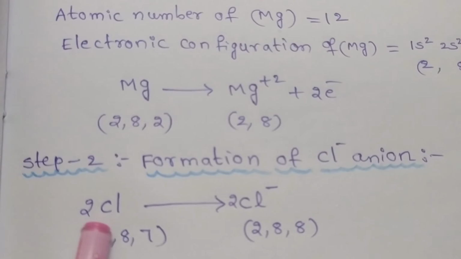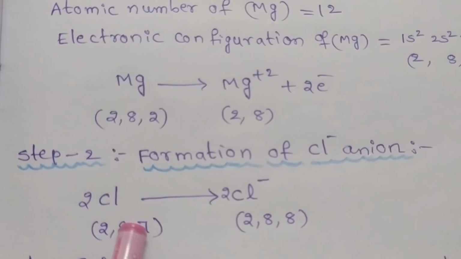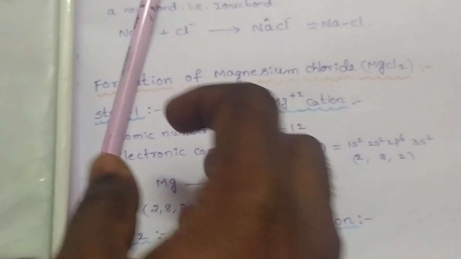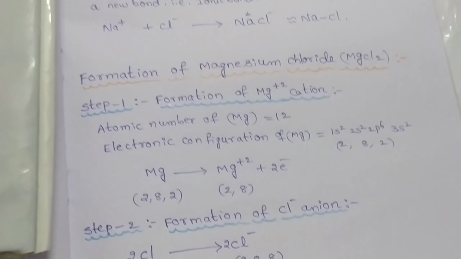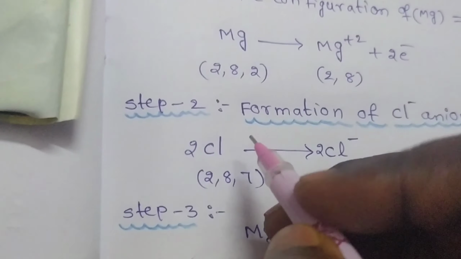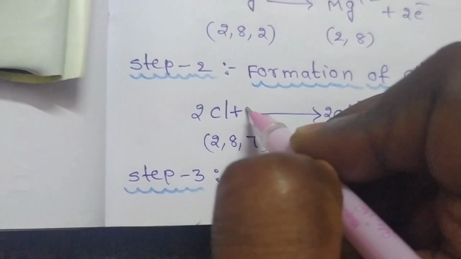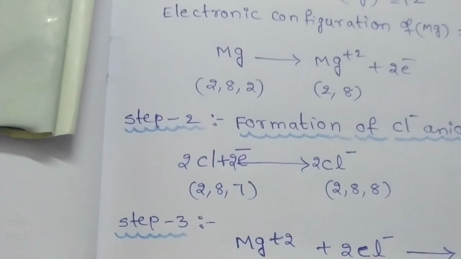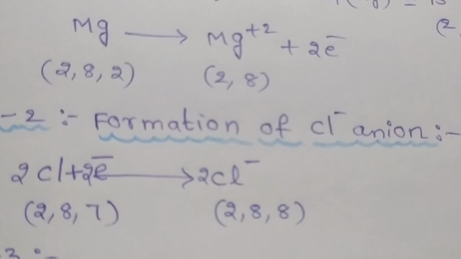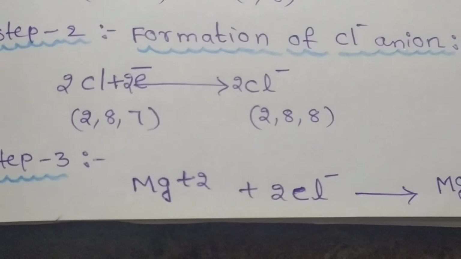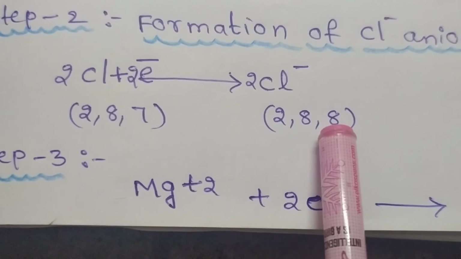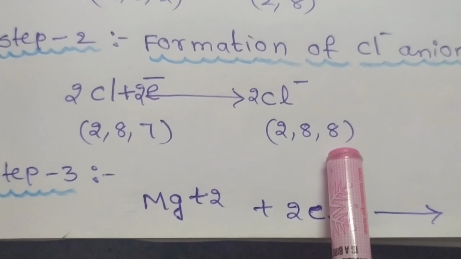So we write 2 chlorine atoms take 2 electrons and are converted to 2Cl minus. That means 2 moles of chloride anions. Here the chloride anion has 8 electrons in its outermost orbit.